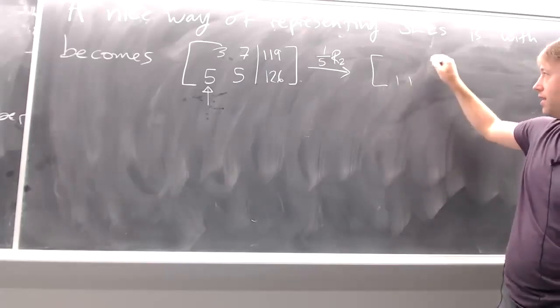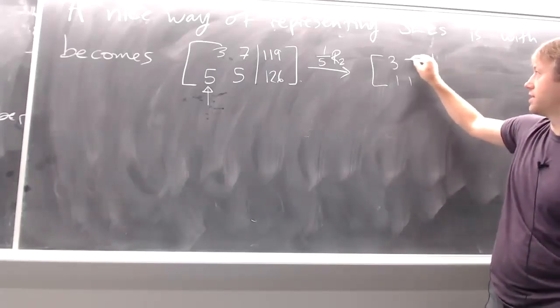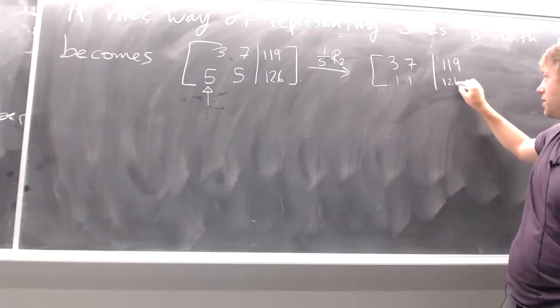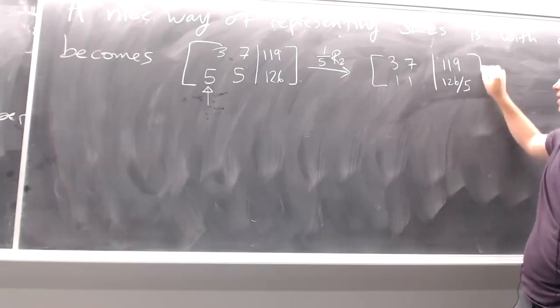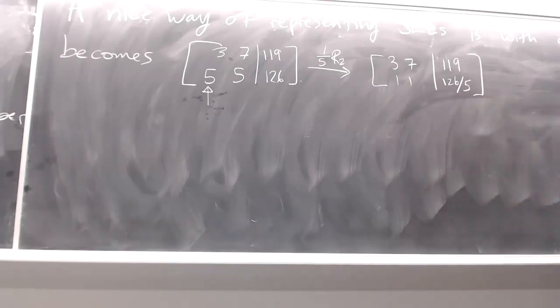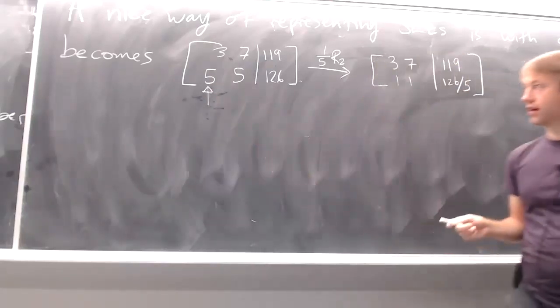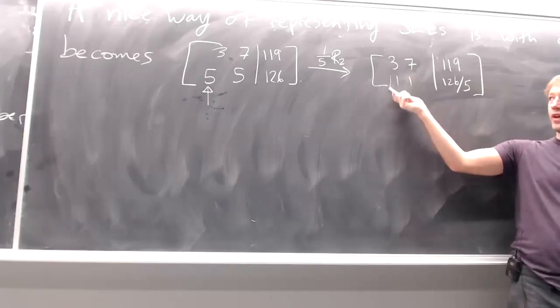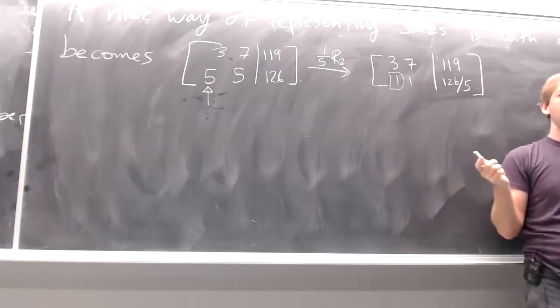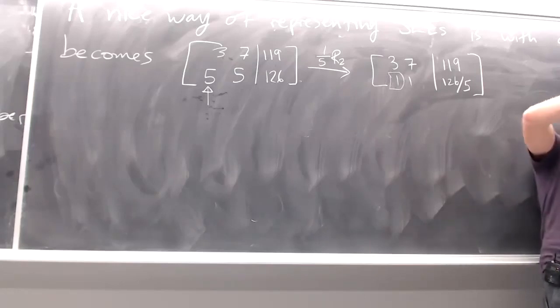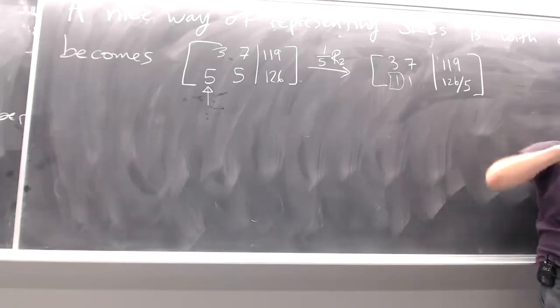So this is 1, 1, 3, 7, 119, we have 126 over 5. Okay. So my first step is to get a 1 somewhere. And once I've got a 1 here, that 1 is really useful for killing everything else in that column.